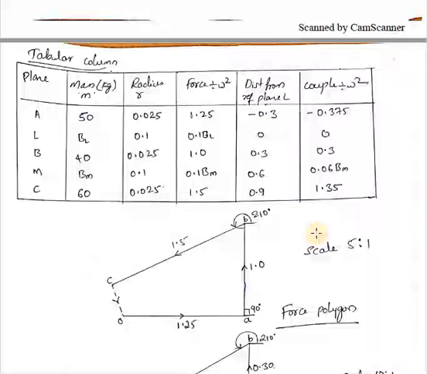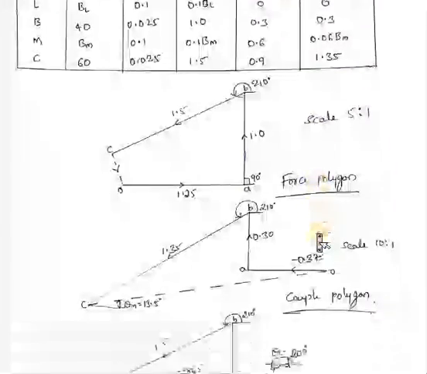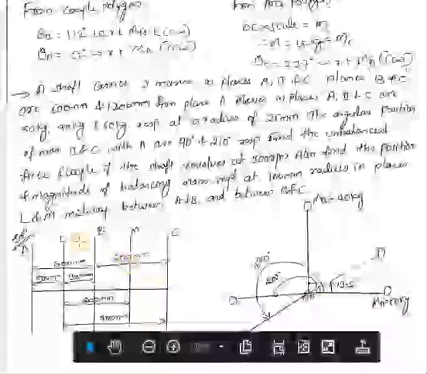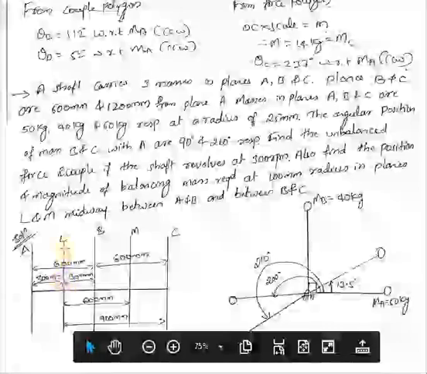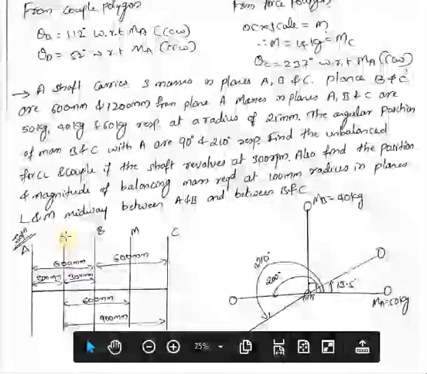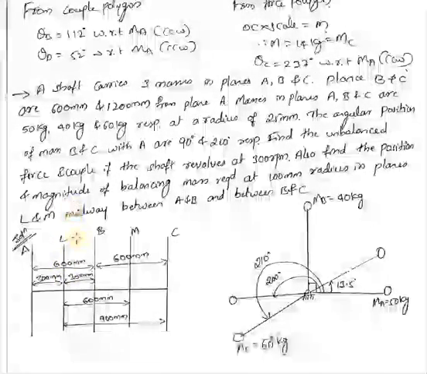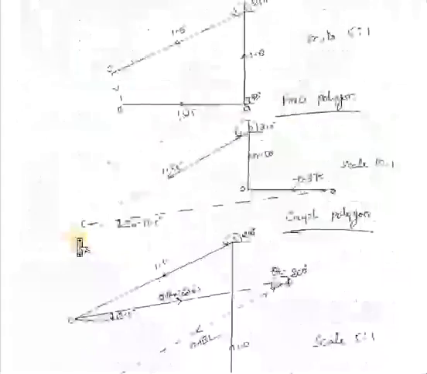Then you have to use those angles for the construction of the couple polygon and force polygon. And while taking the reference plane, always try to take a reference plane on which the mass is unknown.